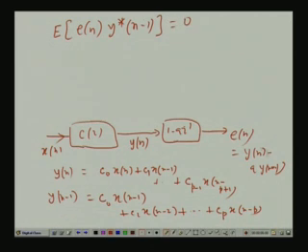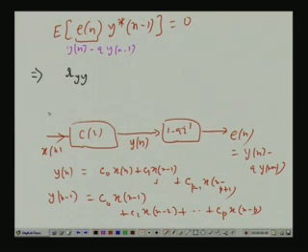If you now replace E n by this expression, y n minus q y n minus 1, what you get is, if you substitute, R y y.